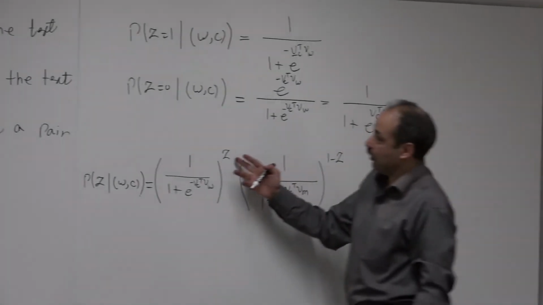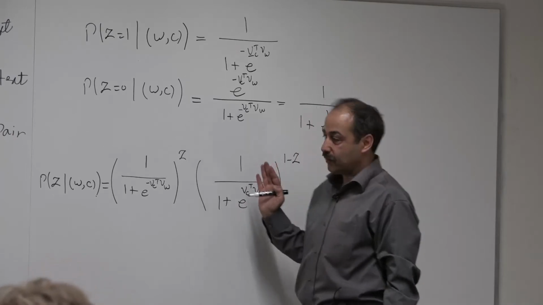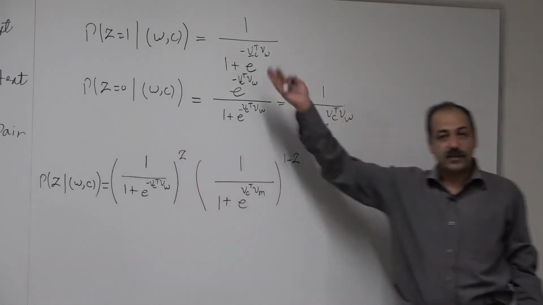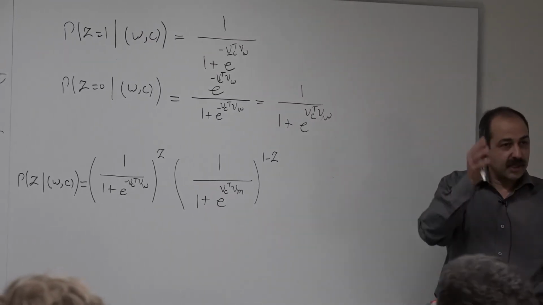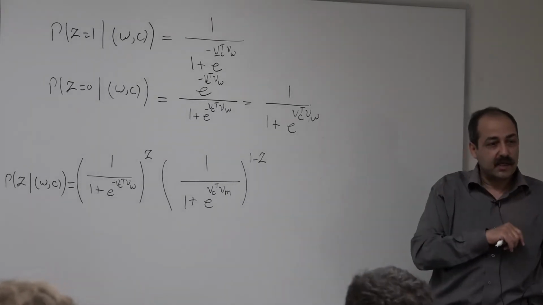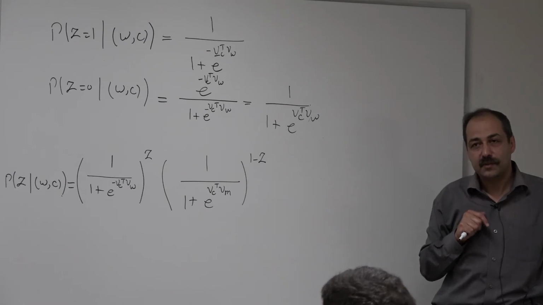If Z is 1, I only have this part and the other is 1. And if Z is 0, I only have the other part. So this can represent the distribution of both classes, the 0 and 1 class, being in the corpus or not being in the corpus.